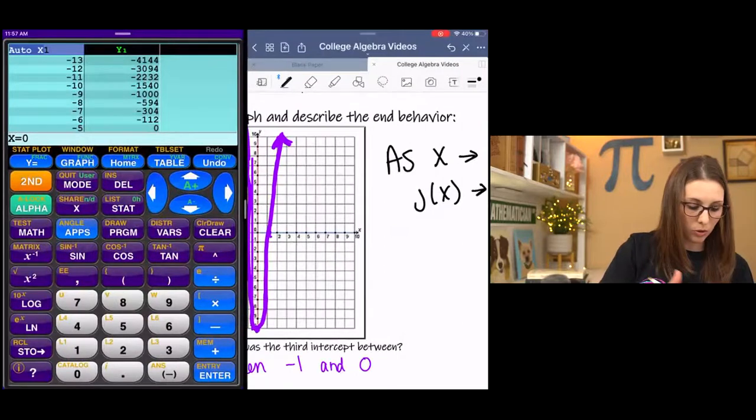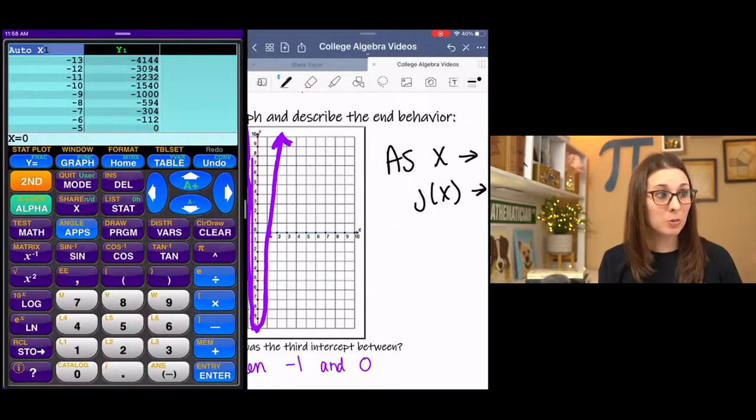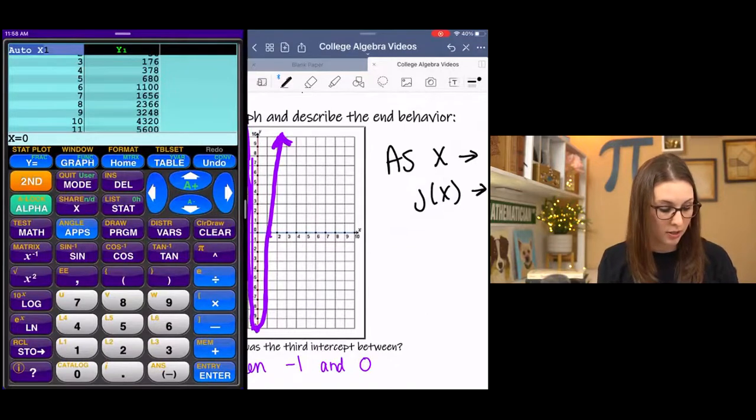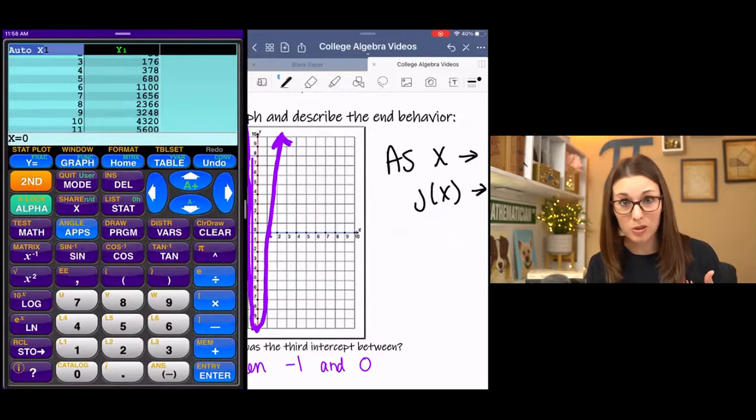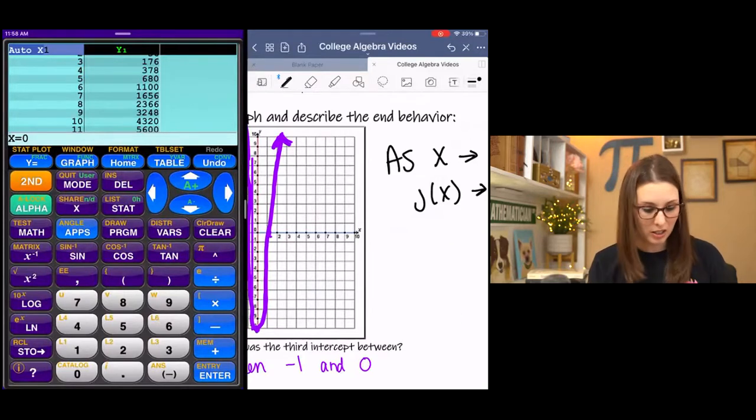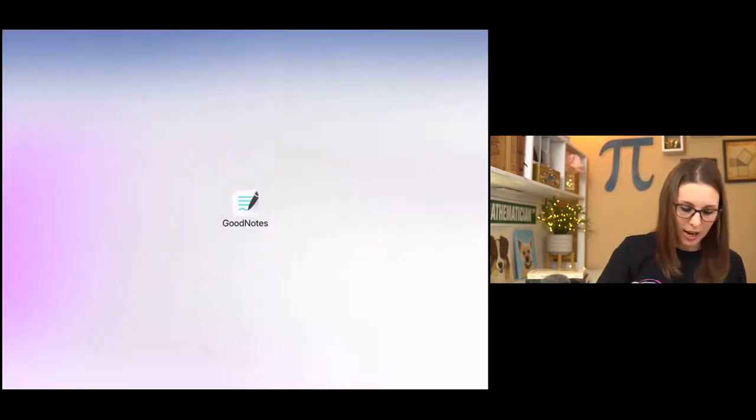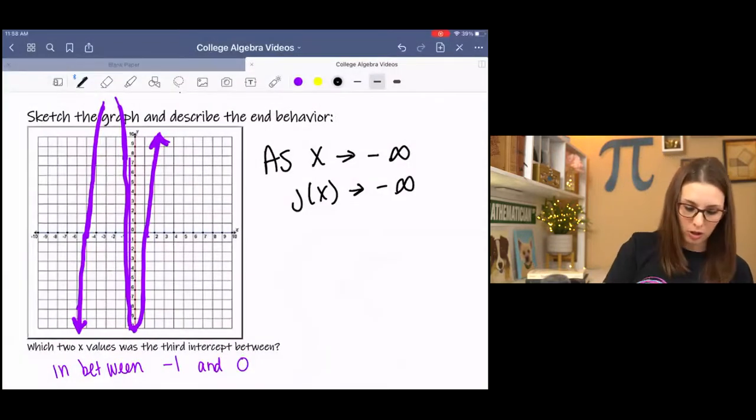Look at those y values. As x gets smaller and smaller, y also gets really, really small. And if I go bigger on x, what happens to the y values? They're also getting really, really big, really fast. And that indicates our end behavior.